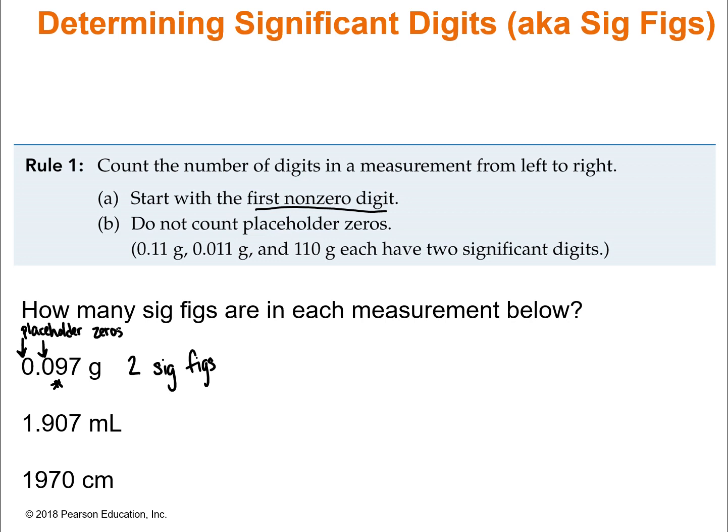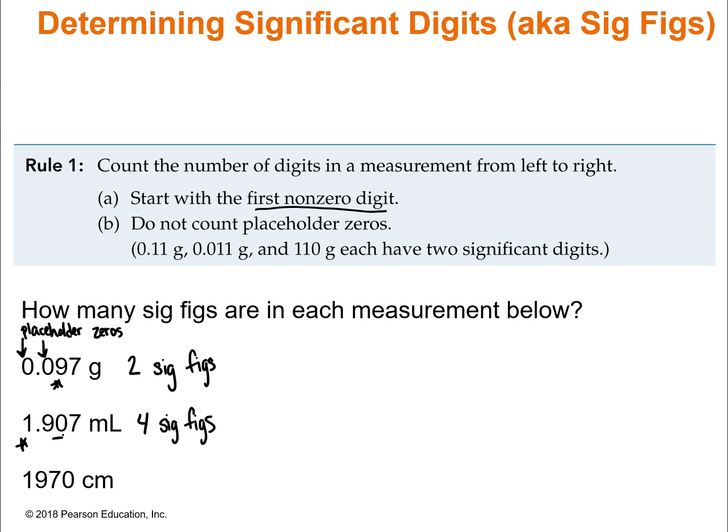Now let's do this next example. 1.907 milliliters. We're going to find that first non-zero digit starting from the left. That's the 1. Then we're going to count everything that comes after it for a total of 4 sig figs.